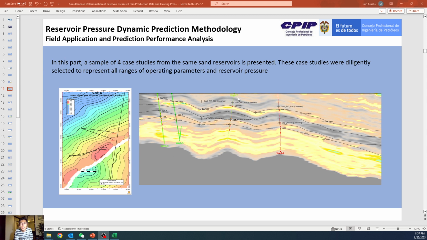The correlation is like this: well 5, well 3, well 7, and well 9. In this direction, northwest, is connected to an aquifer. So here is the aquifer supporting the reservoir pressure.